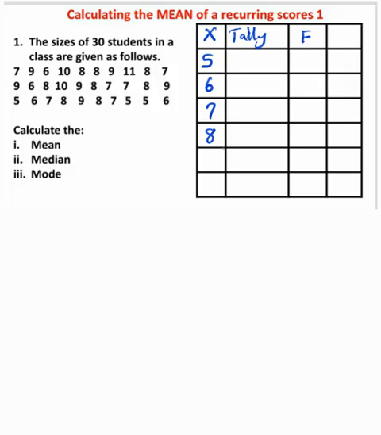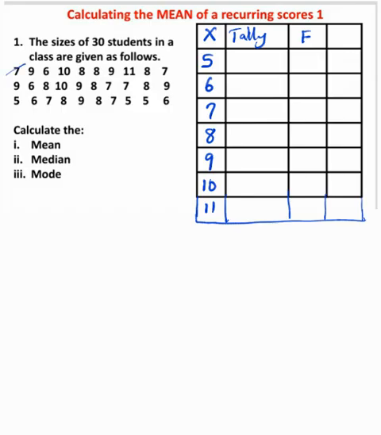We have 9. We have 10. Right, and we have 11. So the table we need to extend anyway. All right, let's quickly do our counting.